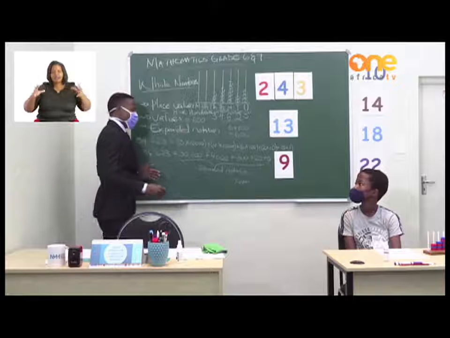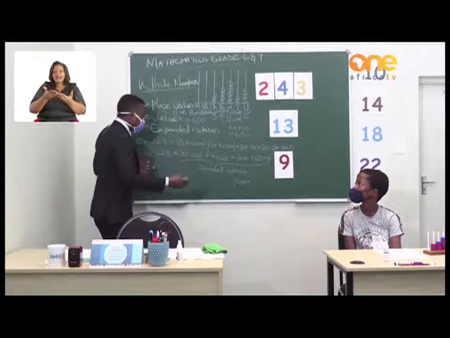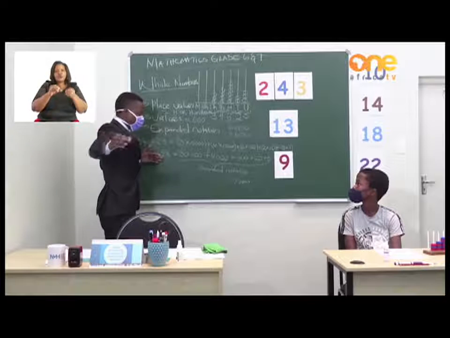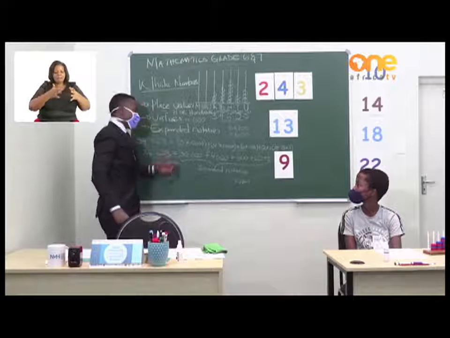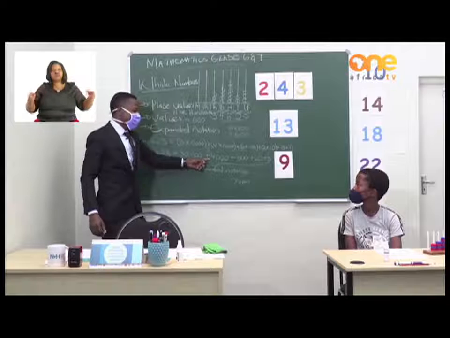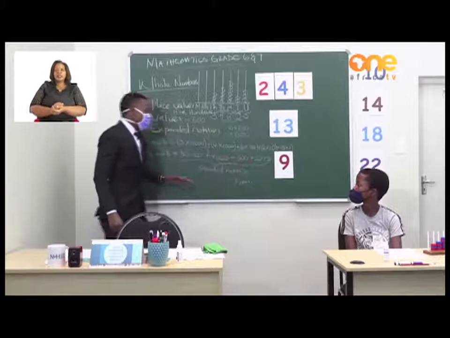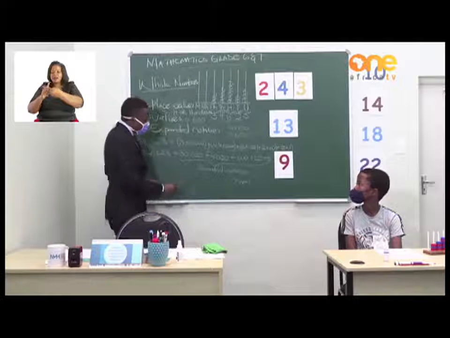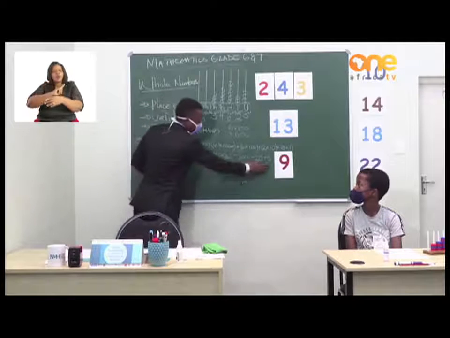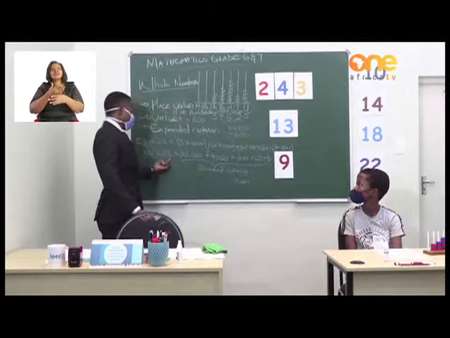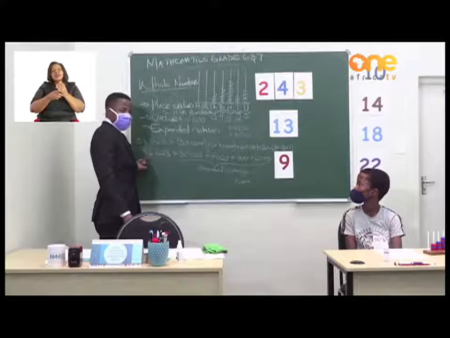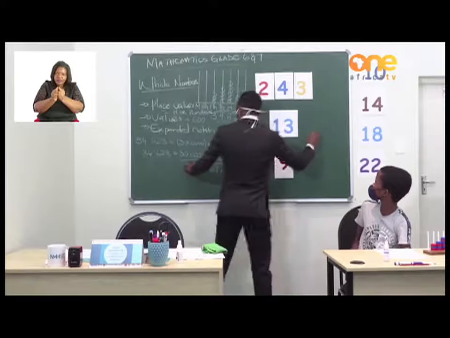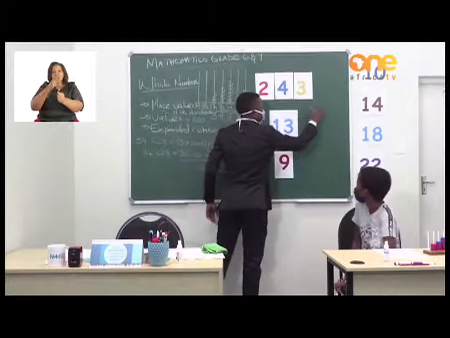In simple terms, an expanded notation is to make this number as large as it is, separated with additions in between. Why do we separate with addition? Because if we add all these numbers together, they will give us this number. We can also try it. I'll take the first number, which is 30,000.